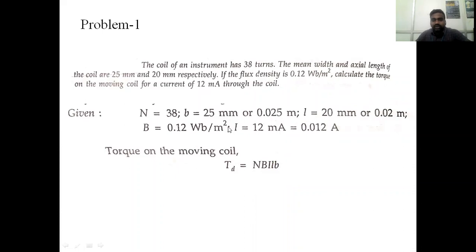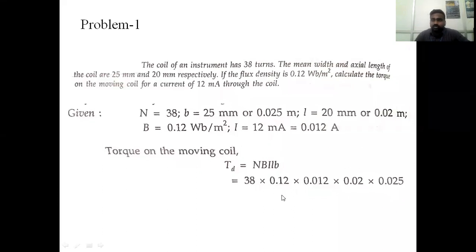N is equal to 38, and flux density B is equal to 0.12, and current I is equal to 0.012 amperes, and length is 0.02 meters multiplied by the breadth, that is 0.025 meters.